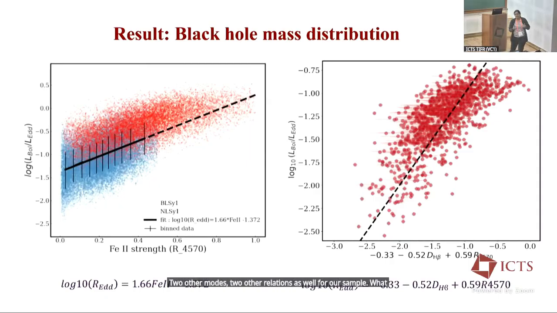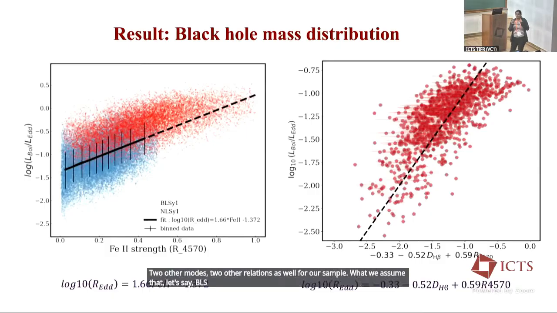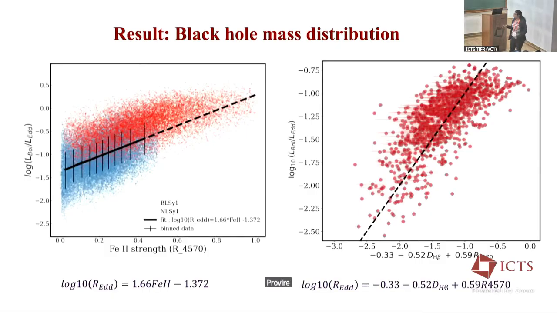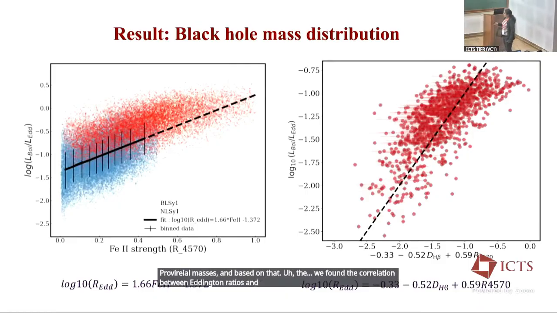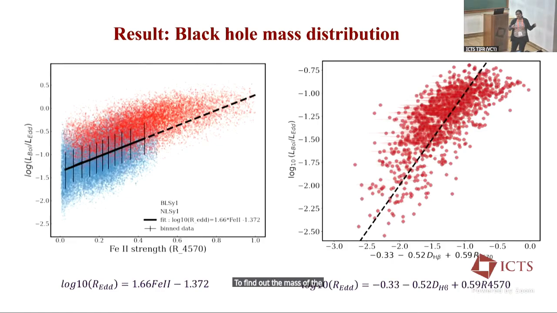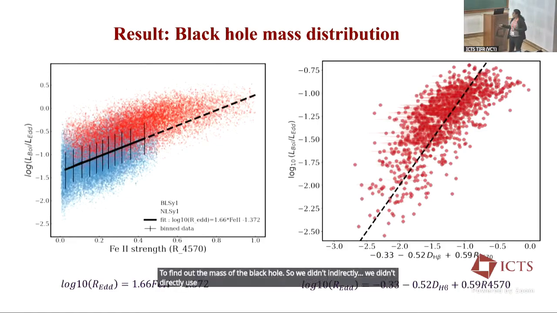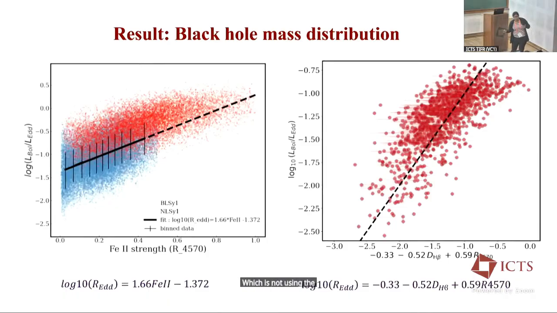We assume that BLS1s have true virial masses, and based on that we found the correlation between Eddington ratios and Fe II strength. This particular correlation we used to find the mass of the black hole. So we didn't directly use the Eddington ratio, rather we used the Fe II strength, which does not use the virial mass approximation. So our results are not influenced by that.